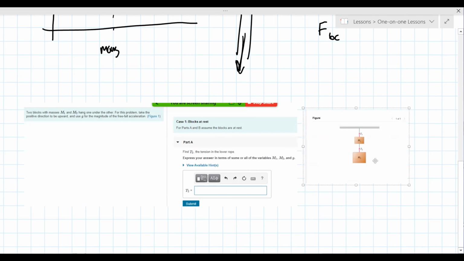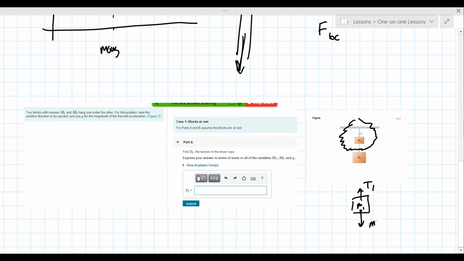All right, so first one, find T2, the tension in the lower rope. Express your answer in terms of some of the variables. What I do is draw these sort of cuts of the pictures. If you look at just M1, it has T1 going up, and you need to figure out what's going down.